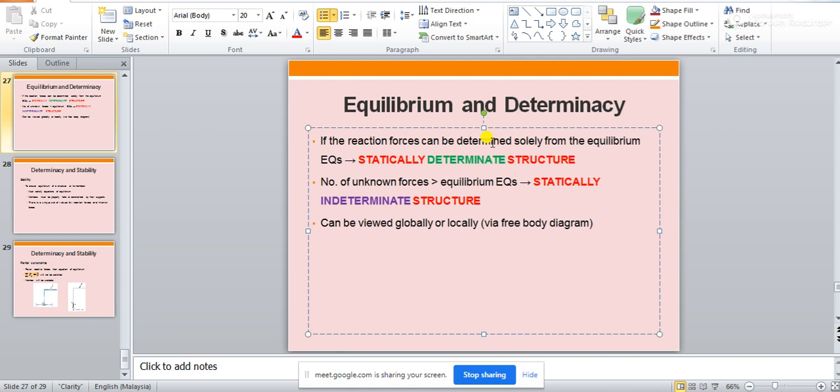Is it clear? So a statically determinate structure can be solved using the equations of equilibrium.